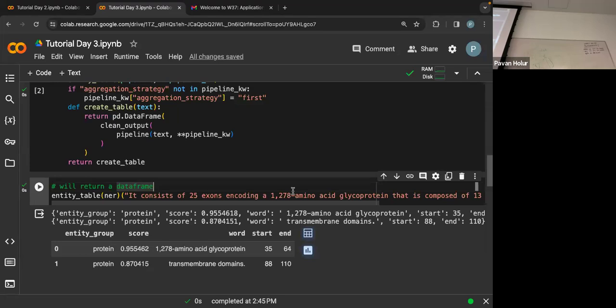So what do we know? We know that given a prompt, any model breaks it up into tokens, right? So it consists of 25 exons, maybe encode, ing, 1278. We don't know how these tokens are being split, but they're being split. And now, what do? It goes to the encoder model. All of them have to do that.